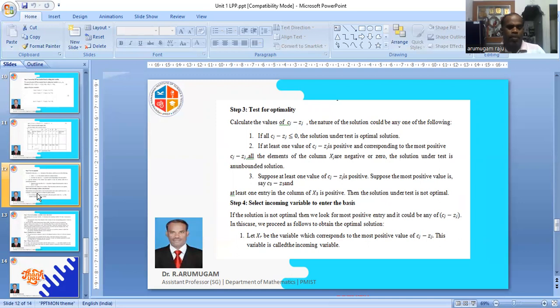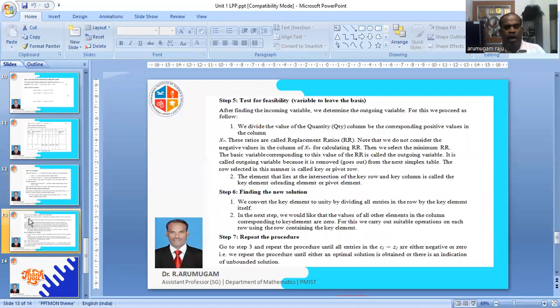Then test for the feasibility, the variable to leave the basis. And the last two steps are finding the new solution and repeating the procedure to get the optimal solution. So these are the basic steps to solve the given problem by using the simplex method.